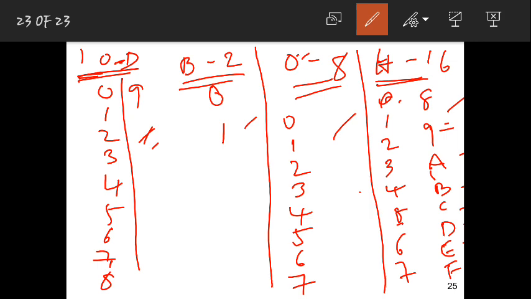If you don't write any base and you have a value 26, you don't know whether this value is decimal or octa or hexa, because there is 2 in decimal, 2 in octa and 2 in hexa, and there is 6 in decimal, 6 in octa and 6 in hexa. This is definitely not a binary, because binary has only 0s and 1s, but this 26 we don't know. So by mentioning the base, you can mention whether it is decimal or octal or hexa.